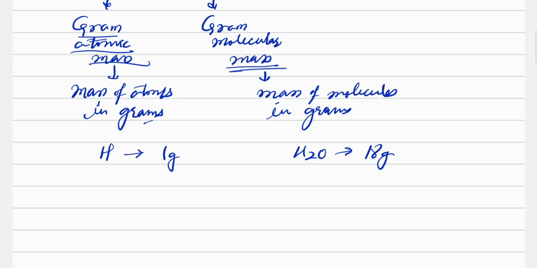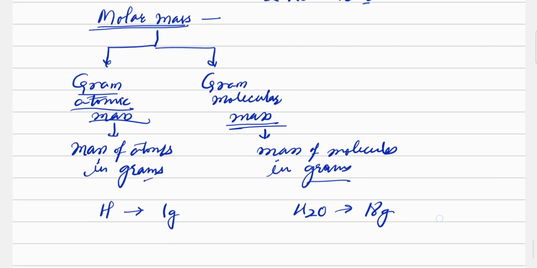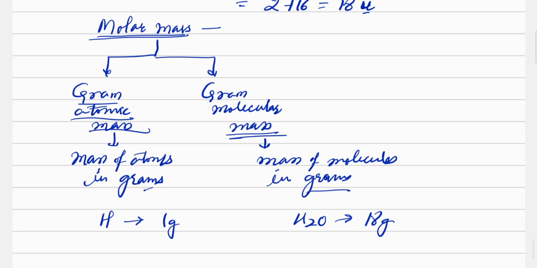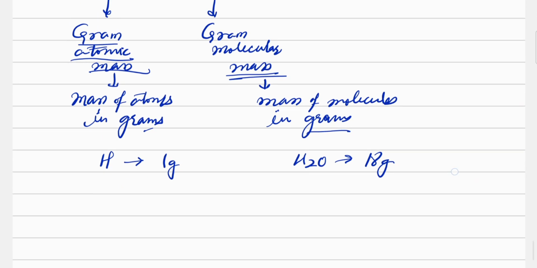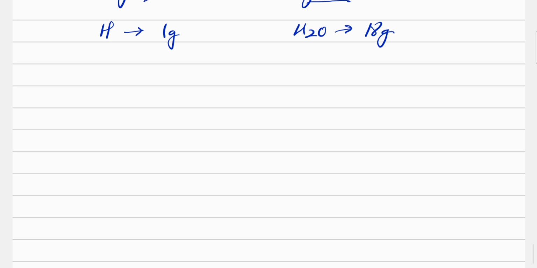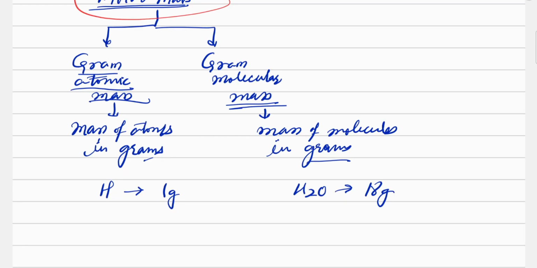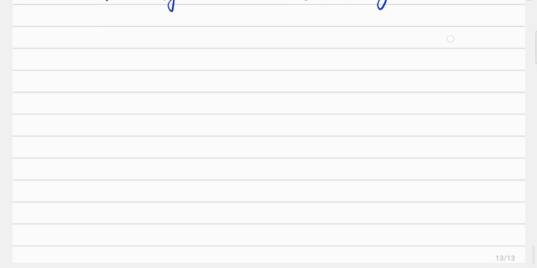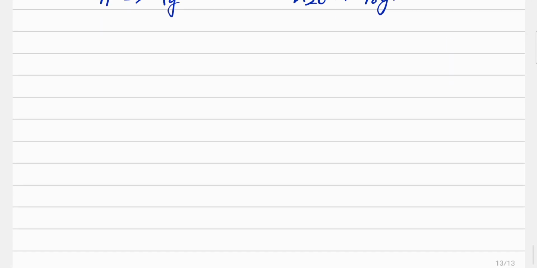So what we are doing is representing the atomic mass or molecular mass in grams, known as gram atomic mass and gram molecular mass, and nowadays it is referred to as molar mass. That was molar mass. So now we will come to mole concept.